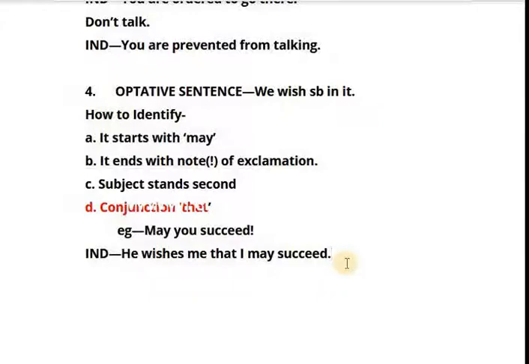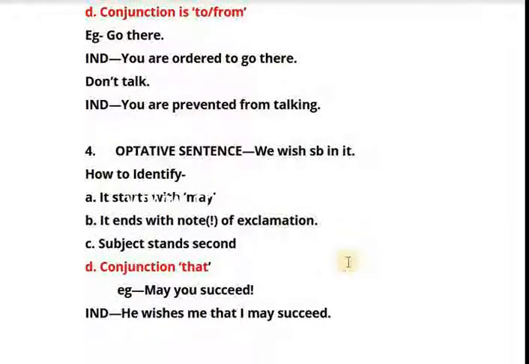And this is all in this video. I hope you liked it. This is very helpful for those students who are struggling to understand how to convert a direct speech sentence into indirect speech. If you want to understand this thing, then you have to have a grip or clear-cut understanding of all those 4 types of sentences in the English language.